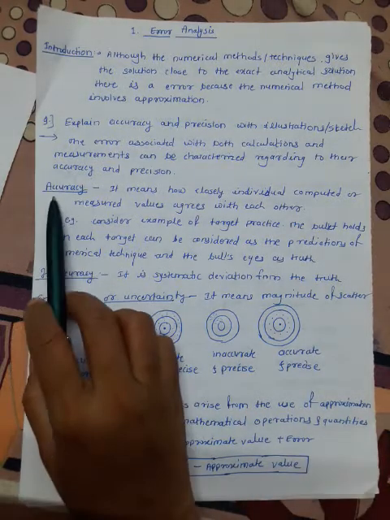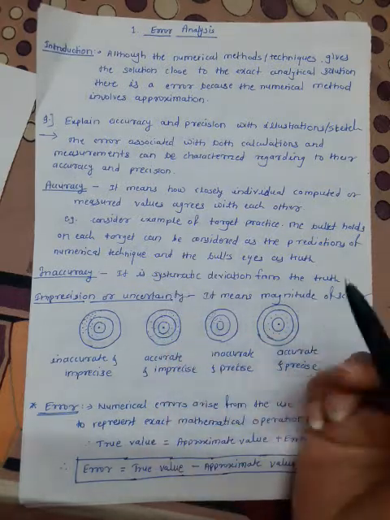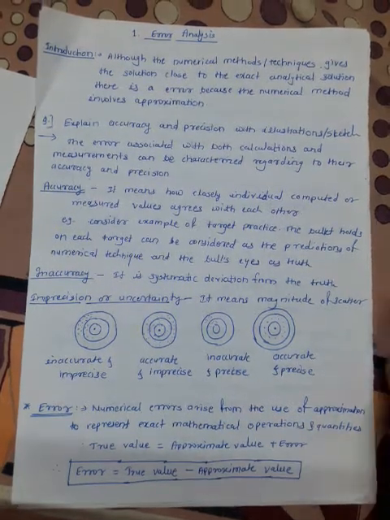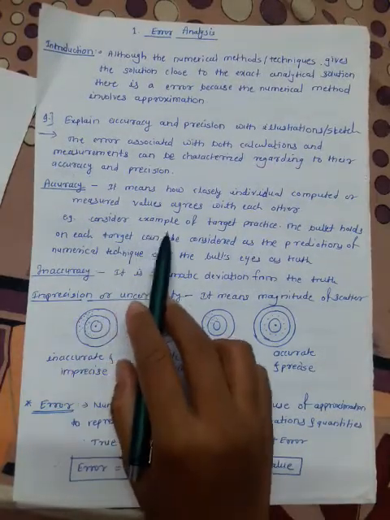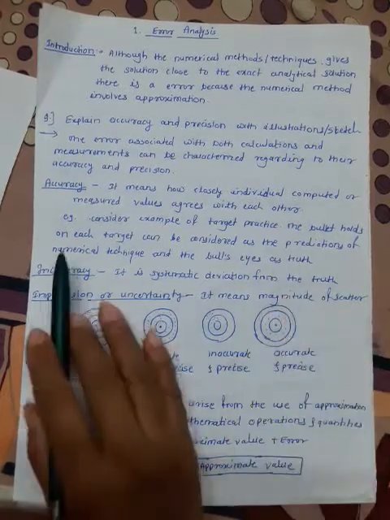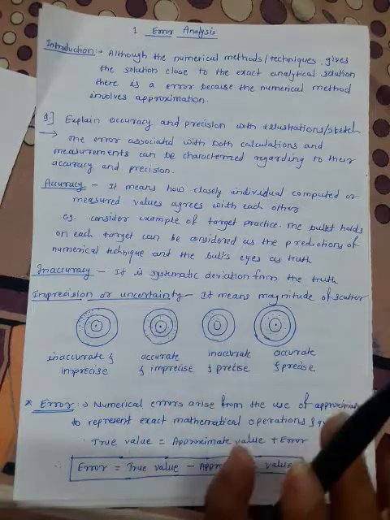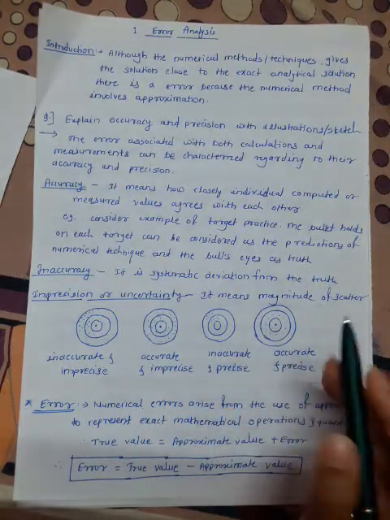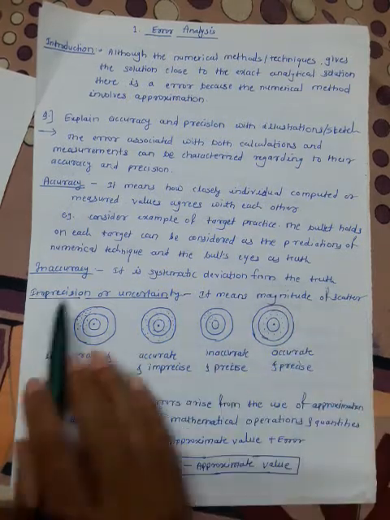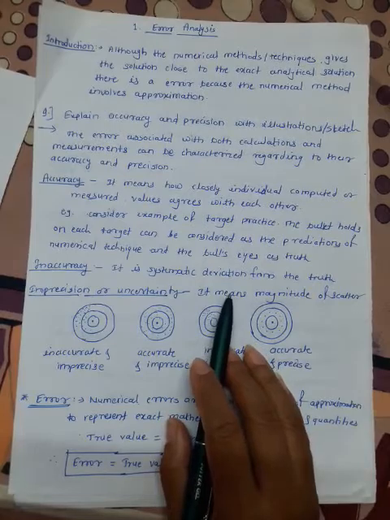Accuracy means how closely the individual computed or measured values agree with the truth. For example, consider the example of target practice. The bullet holes on each target can be considered as the predictions of the numerical technique, and the bullseye, our target, as the truth. Inaccuracy is the systematic deviation from the truth.